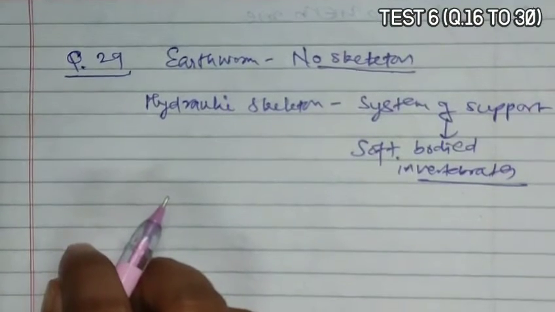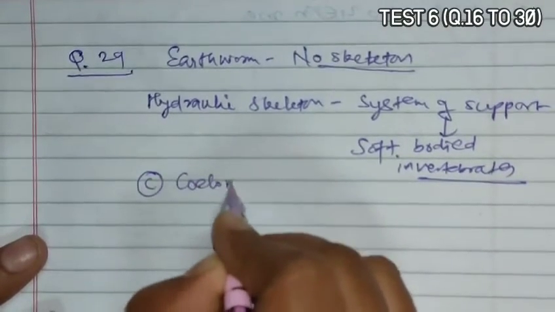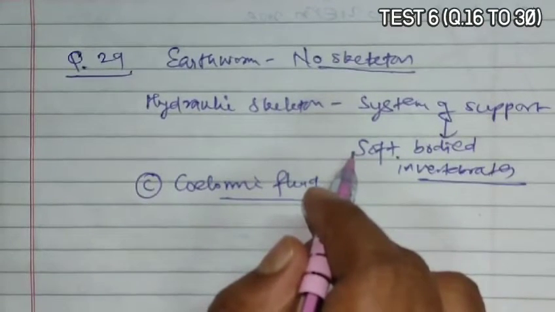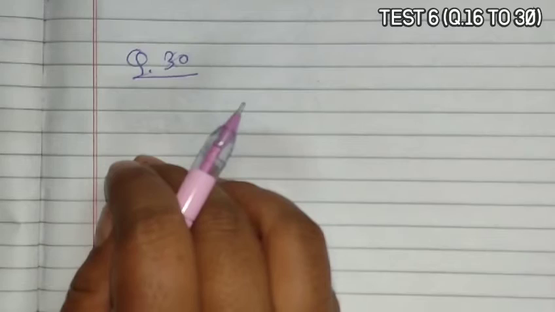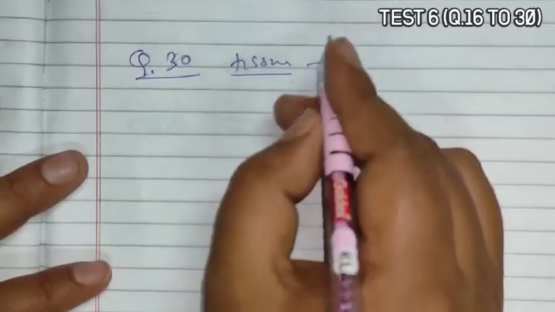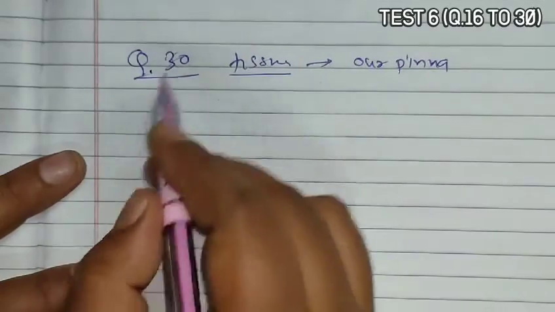In earthworm, the coelomic fluid is under pressure within the coelom and therefore provides support for internal organs. During burrowing, the anterior end becomes turgid due to the coelomic fluid. So C is the correct answer.